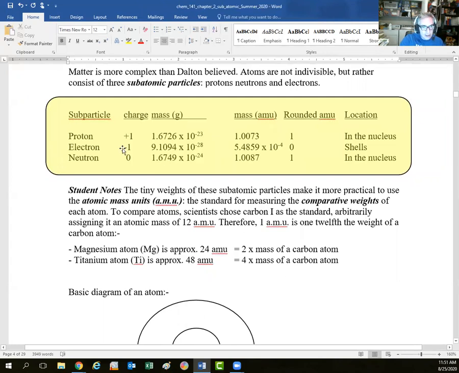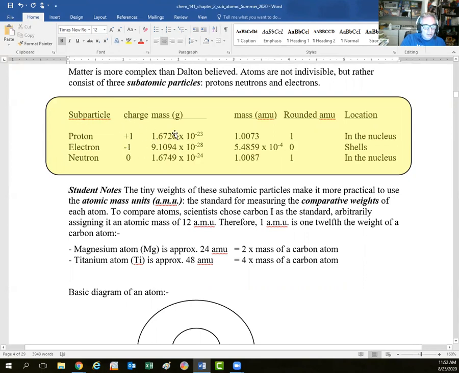Those electrons are negatively charged. So positively charged protons are attracted to negatively charged electrons, just as electrons are attracted to protons. That's one of the basic laws of chemistry. Opposites attract. But positively charged things are repelled by other positively charged things, and negatively charged things are repelled by other negatively charged things.